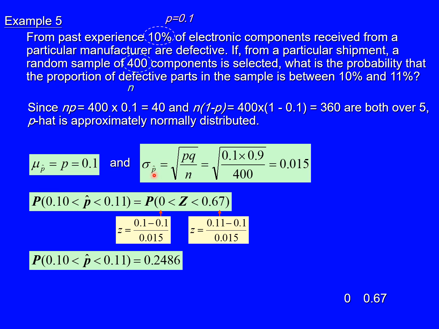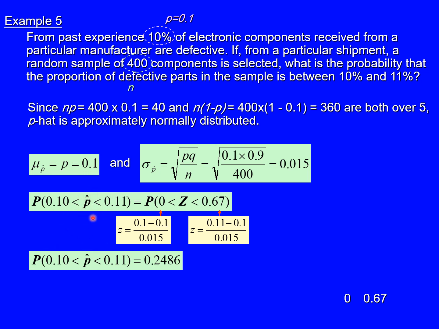So the standard error of p hat equals 0.015. And from the question, we need the probability that the sample proportion p hat lies between 0.10 and 0.11.